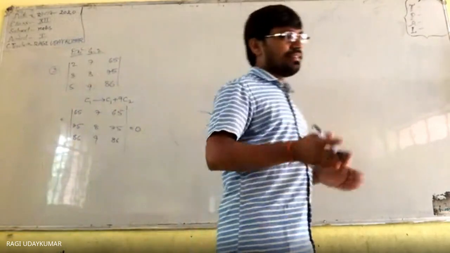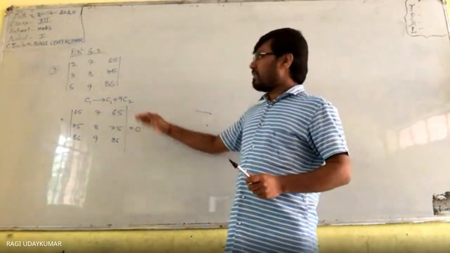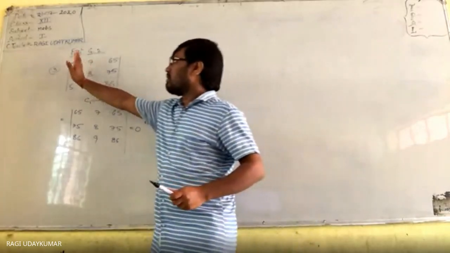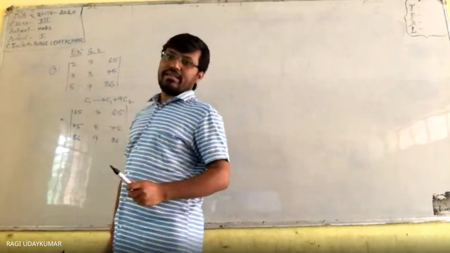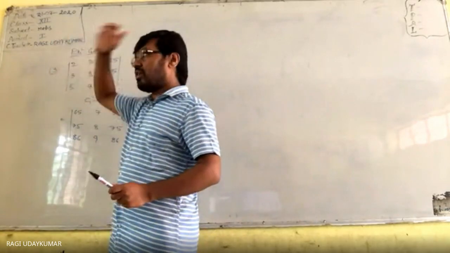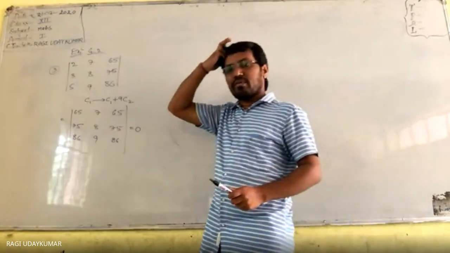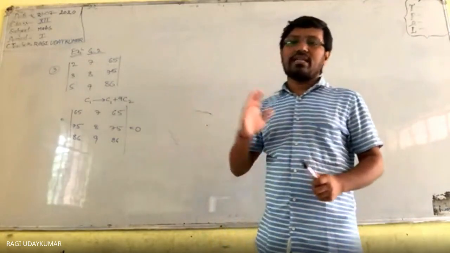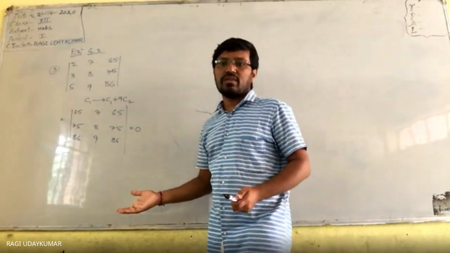Then after splitting into two matrices, the same logic is applied. This column is multiplied by 9 and added to the other column, so you get the same column 1 and column 3. They are identical, so the determinant of this matrix is equal to 0.